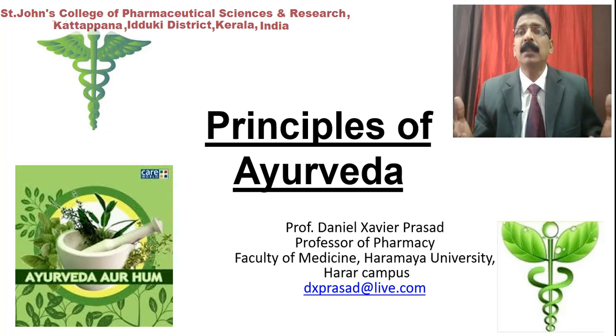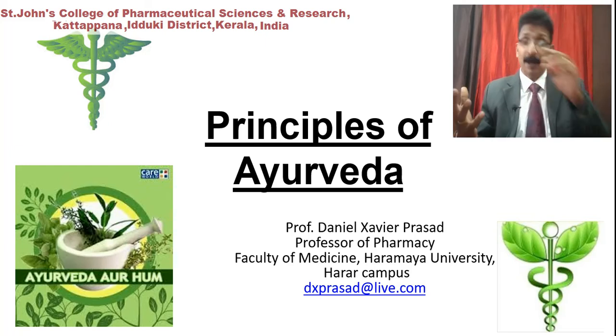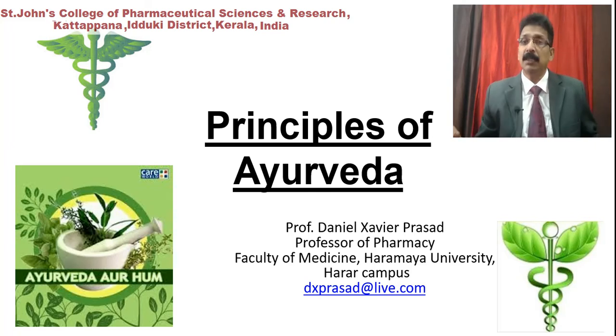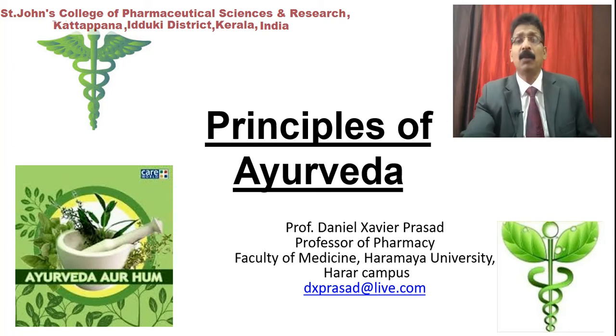If you see, in Arab countries most people are using Ayurvedic treatments, and even in Europe and America, people are now depending on herbal drugs for various ailments. So we have to know its importance and how it has spread over the world, and if we know, we will get attached to it.